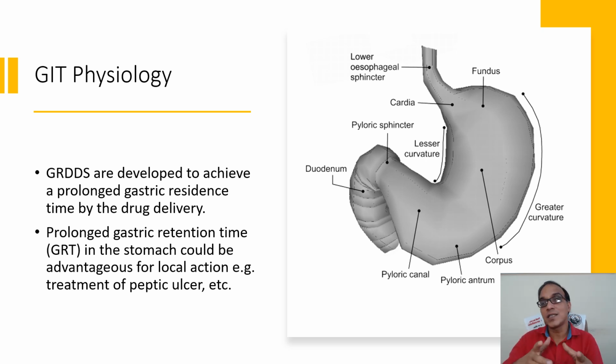We are giving the drug for the local effect on the peptic ulcer, so there is no use if a major portion of the drug is released in the intestine or colon. We have to ensure that the drug remains in the gastric region for a longer period of time. The residence needs to be prolonged in the gastric region.